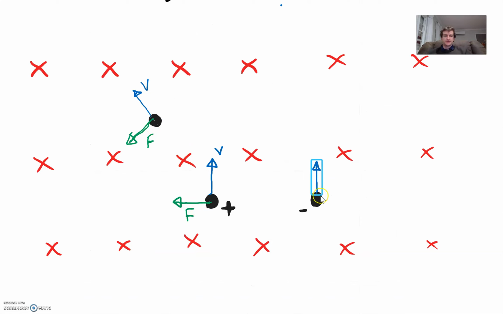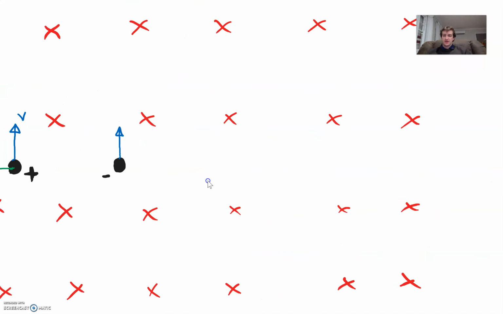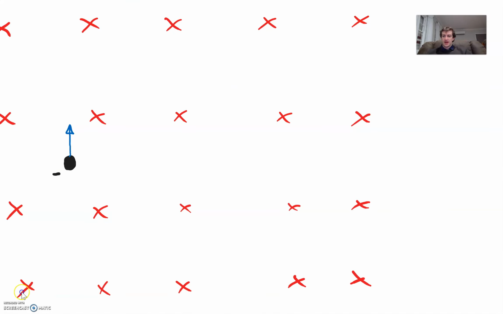Now, how is this different for a negative charge? Well, as you might have guessed, the direction of the force will be in the opposite direction, and again we can confirm that with the right hand palm rule. But the force is still at right angles to the direction of the velocity, and so it's still going to change the velocity direction but keep the magnitude the same, and it will send it in a circular path around this way.